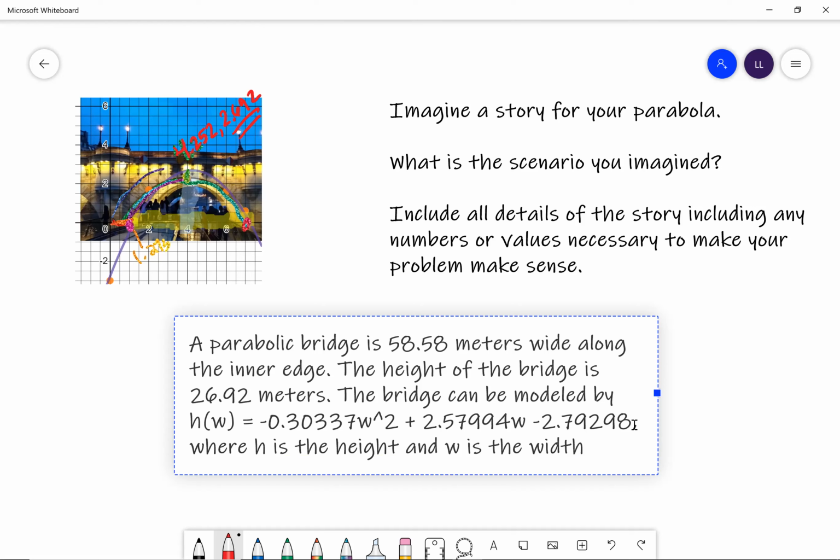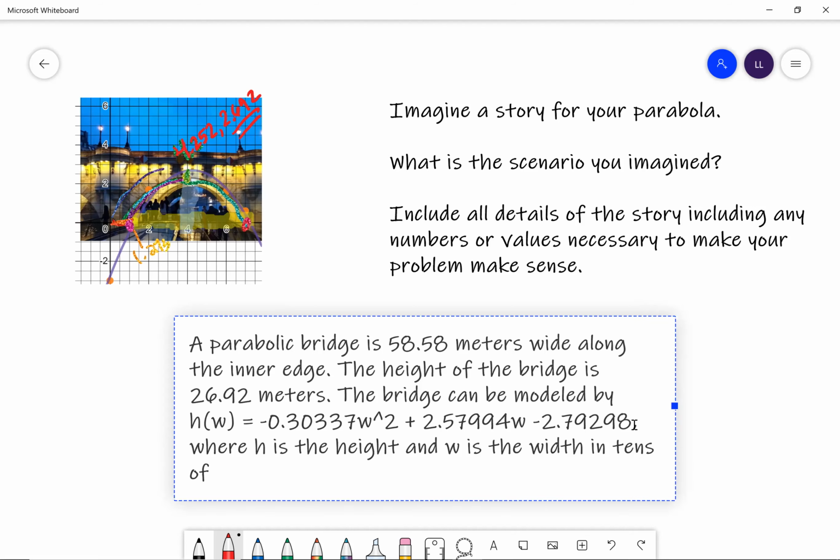Somebody will say thousands of meters. I wonder if we could say tens of meters or something like that. So, in tens of meters. I don't know if we could do that, but I'm going to do it because I need to multiply my numbers by 10.